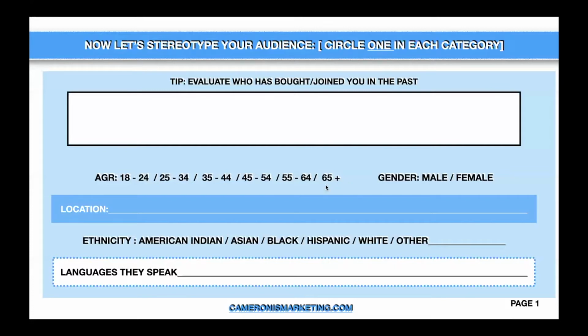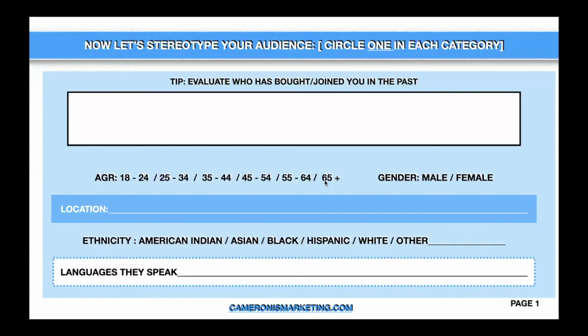All right, so the first thing you want to do is choose the age. And as you can see here, I have 18 to 24, 25 to 34, 35 to 44, 45 to 54, 55 to 64, and 65 plus. Now, just so you understand, how you communicate with someone who's 55 to 64 is totally different from someone who's 18 to 24, because when they're that young, they're probably not thinking about anything but having fun, hanging with friends, and so forth.